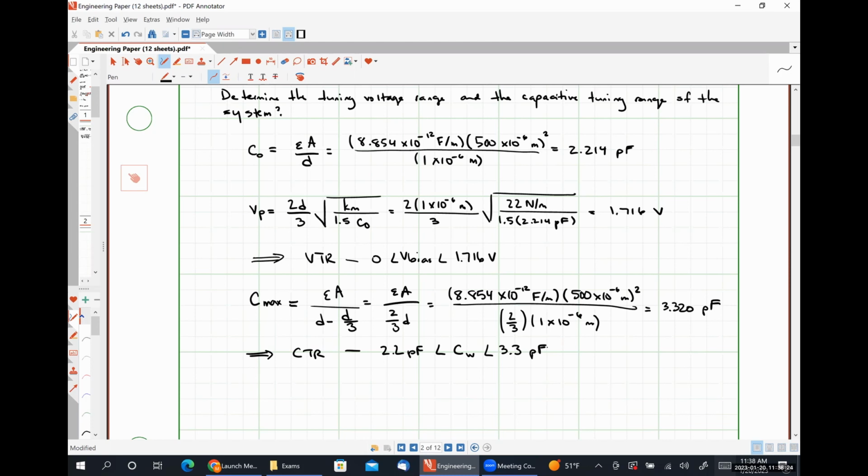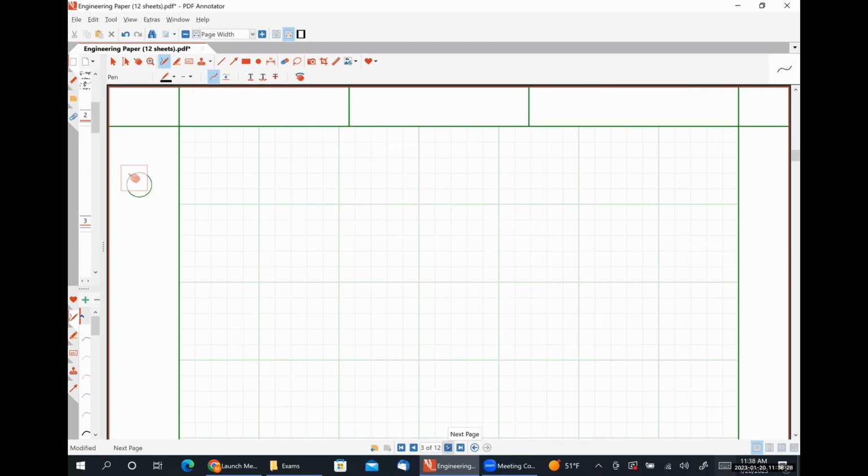So I want to work one more example problem. We have a similar situation. We have a plate mounted to MEMS springs.